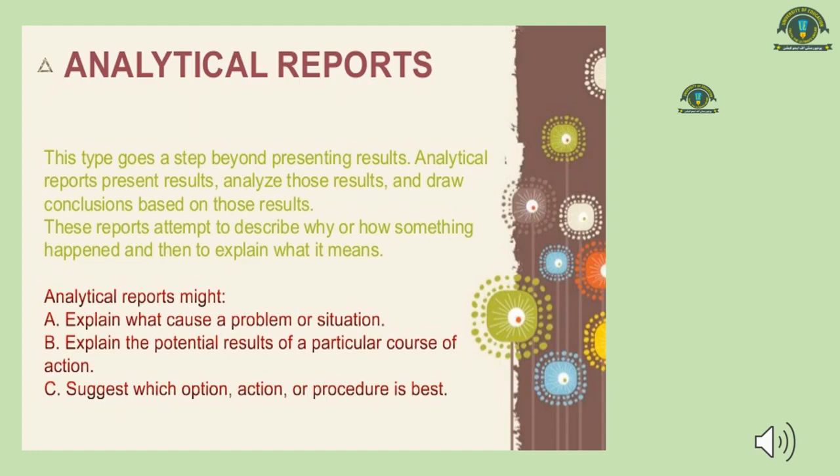Students, analytical reports might explain what caused a problem or situation. It can explain the potential results of a particular course of action. It can also suggest which option, action, or procedure is best.